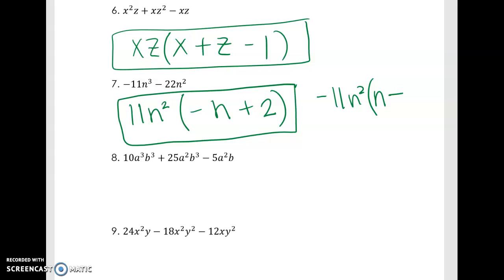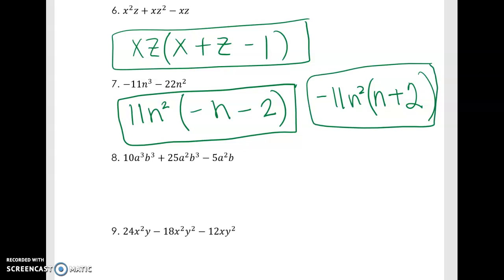This one should be minus. Okay, so you notice on the first one I made a mistake with that minus sign. It's 11n squared minus n minus 2. If I pull out a negative 11n squared, then I would have positive n, and then I would need a positive 2 in order to make that last term negative 22n squared. Okay, sorry if that confused you. Either of those two answers is correct.